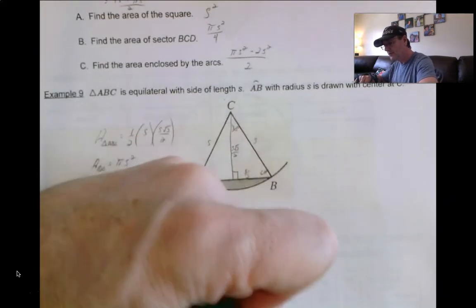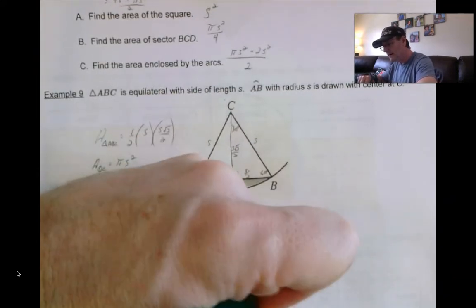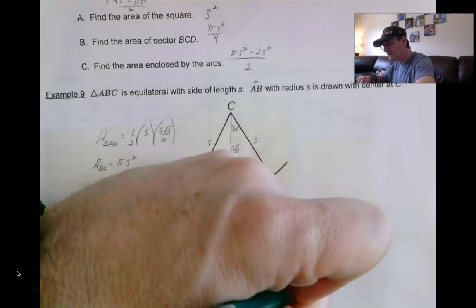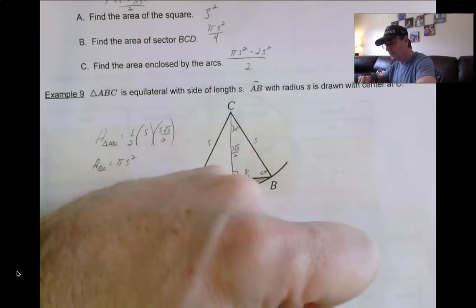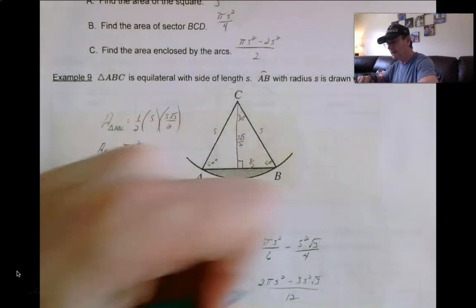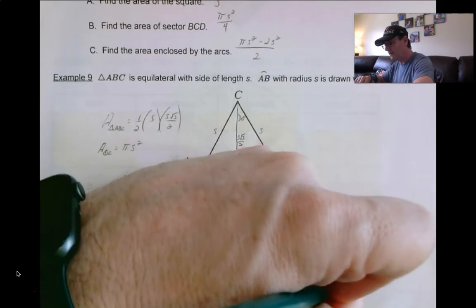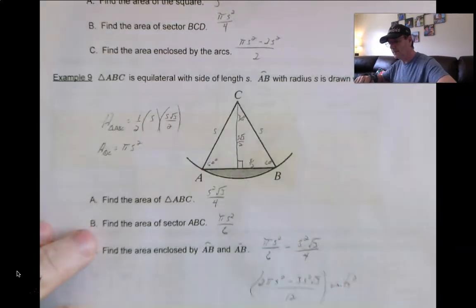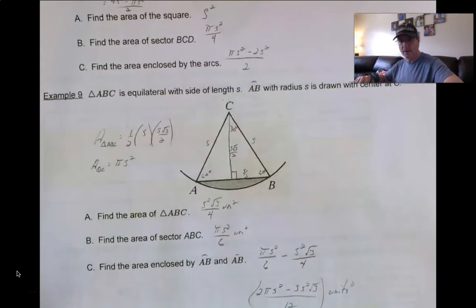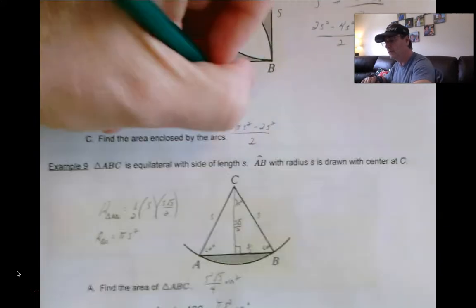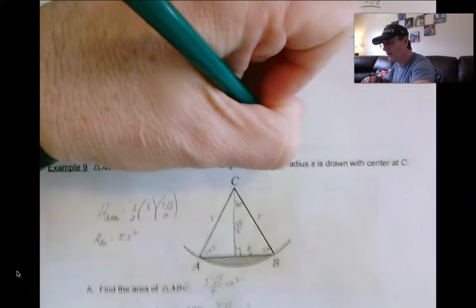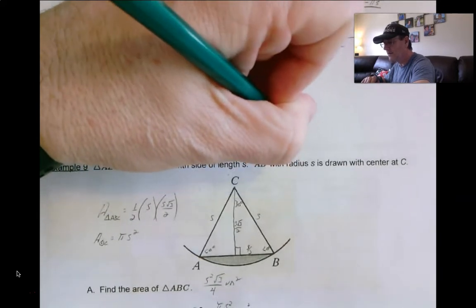If we get a common denominator of 12, we're going to get 2 pi S squared minus 3 S squared root 3 all over 12, if we wanted to. Final answer. This is units squared, and I should have put those up here as well. Units squared.